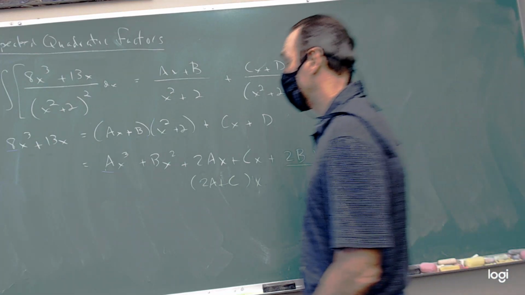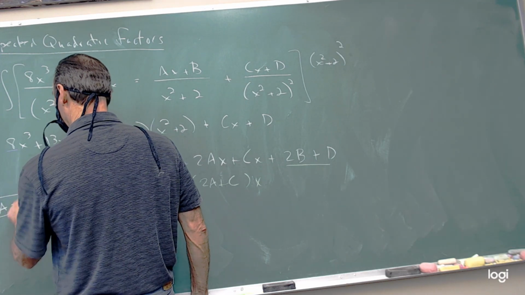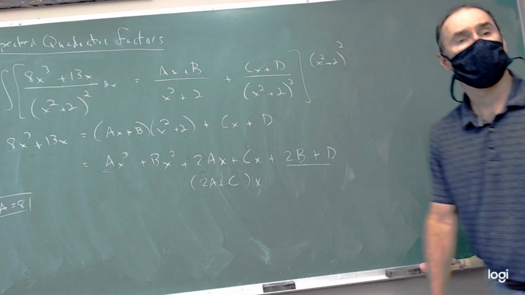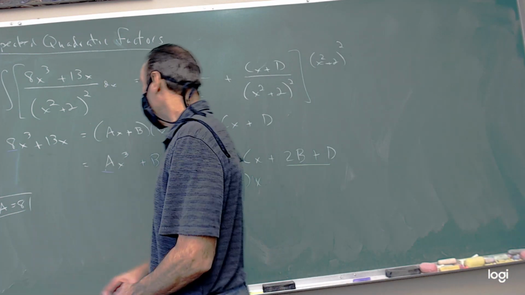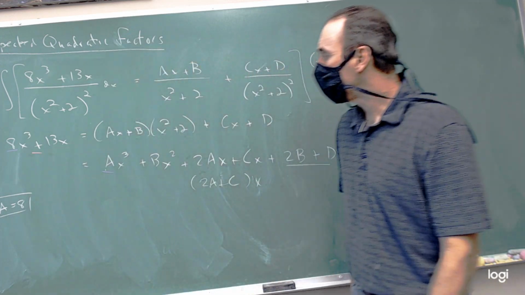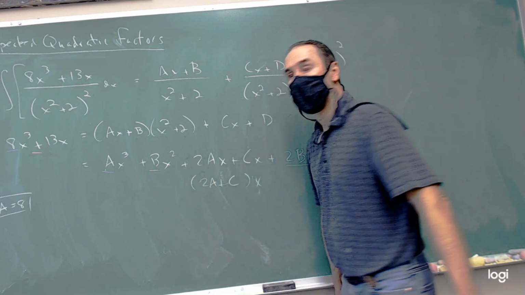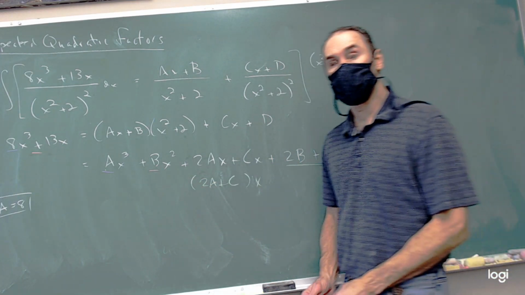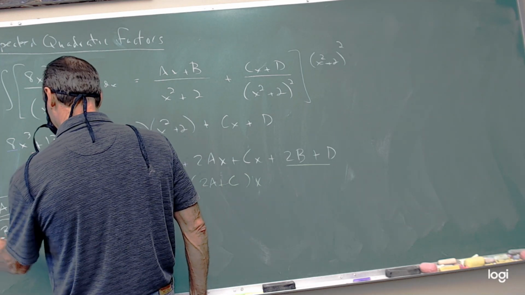Wow, that's great, because that means that a must be 8. Is that okay? And in a similar fashion, the coefficient of the x squared term here, which is 0, must equal the coefficient of the x squared term here. And so we get that b must be 0.